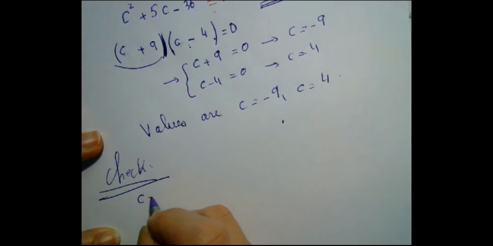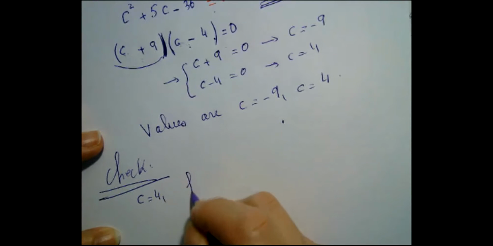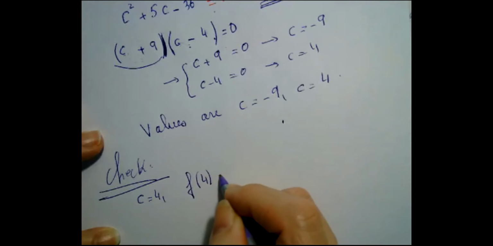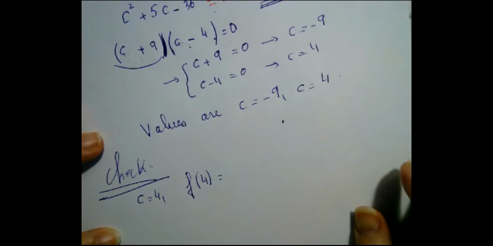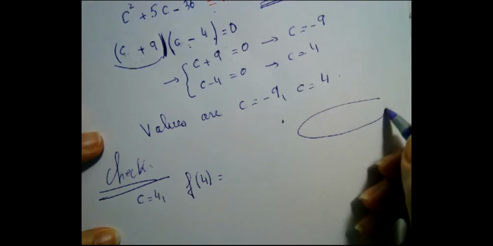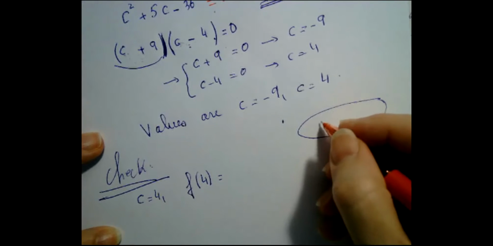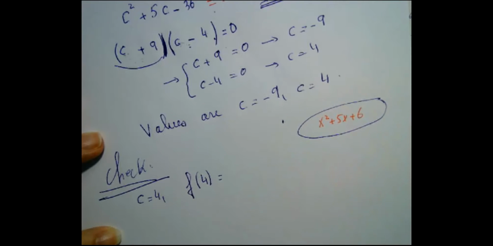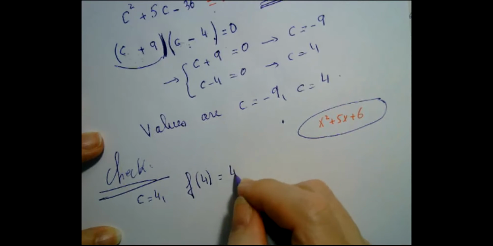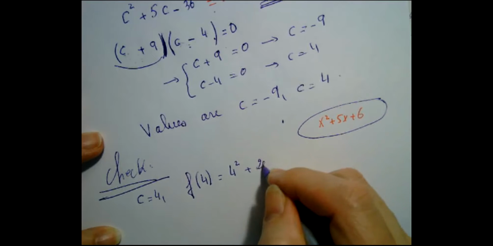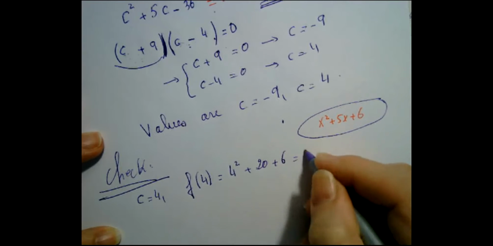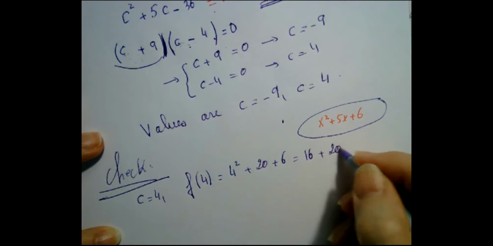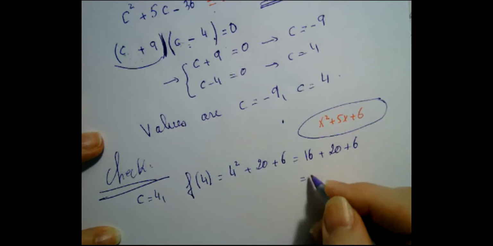Suppose C equals 4, I'm going to compute f of 4. If I get 42, I'm safe. If I don't get 42, I'm doing something wrong. I write the function again here. F of 4, actually we've done it. It's 4 squared plus 20 plus 6. 16 plus 20 plus 6.